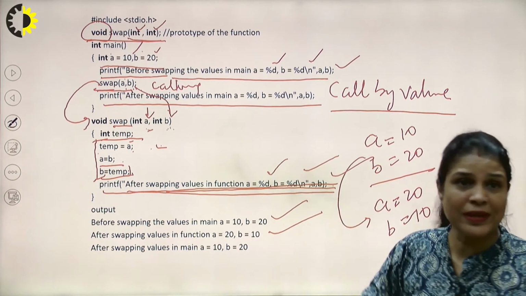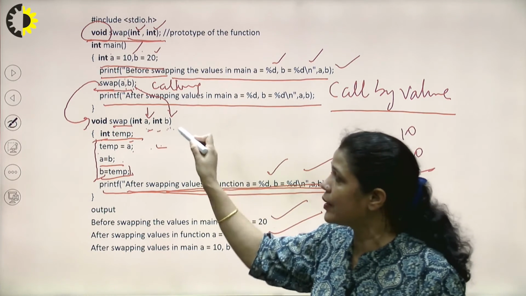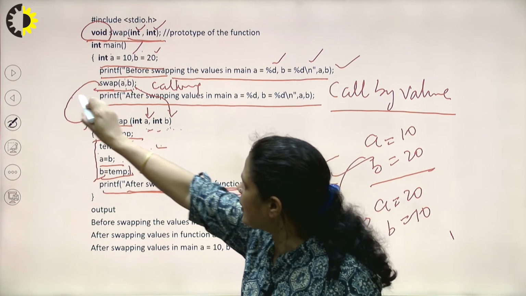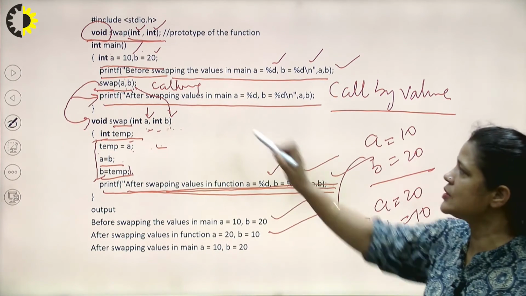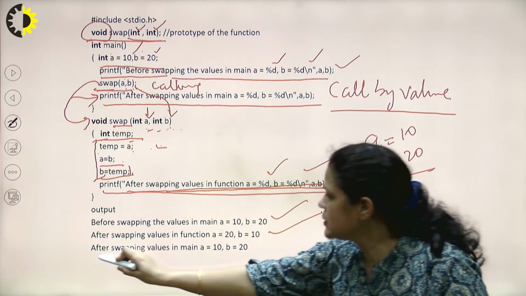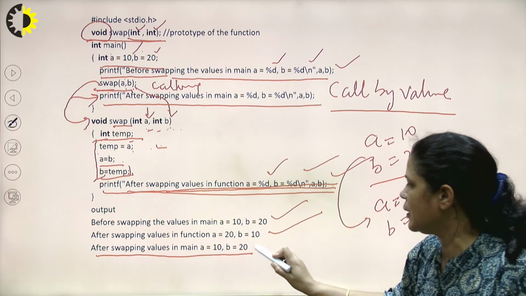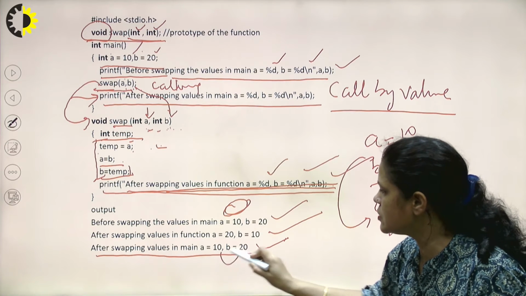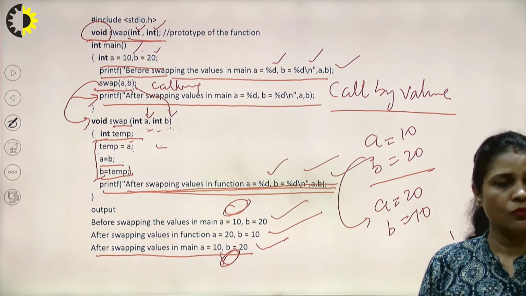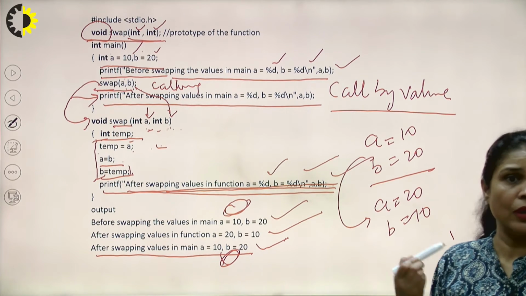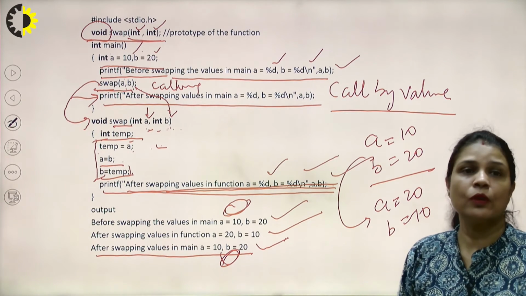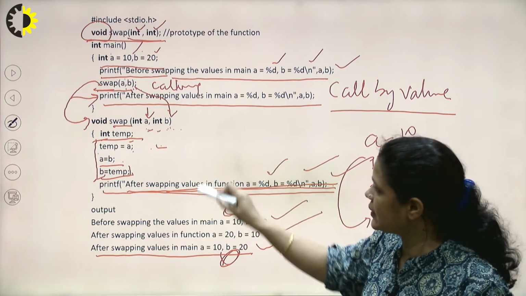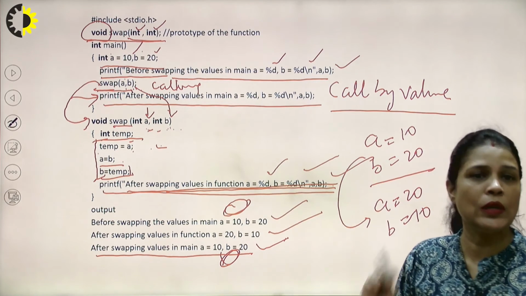But this swapping has been done on the formal parameters only. So after coming back here, when the compiler executes this printf statement, you can see that the values in main remain the same. These two are the same. Why has swapping not been done? Because swapping has been done, but it is reflected inside the function only.